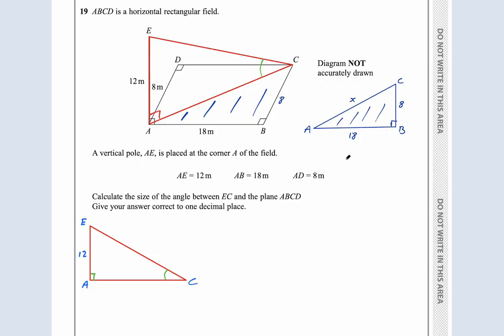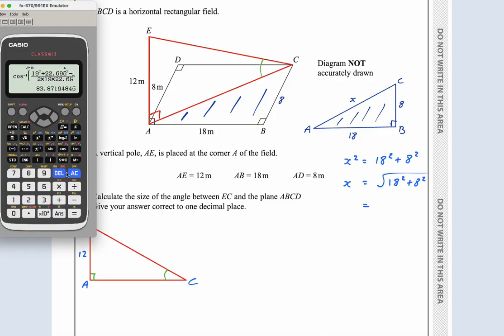Okay, so let's say x squared equals 18 squared plus 8 squared. That's Pythagoras' theorem. This squared equals this squared plus this squared. X is then the square root of 18 squared plus 8 squared, and that is, calculator please, 2 root 97.